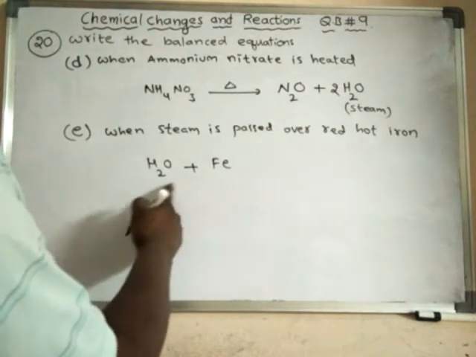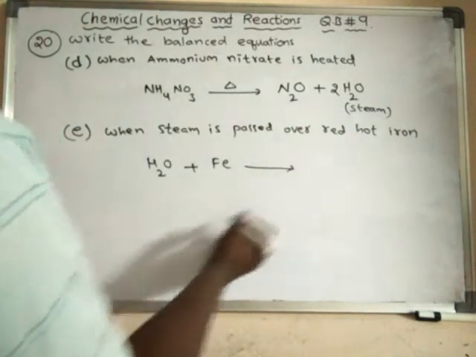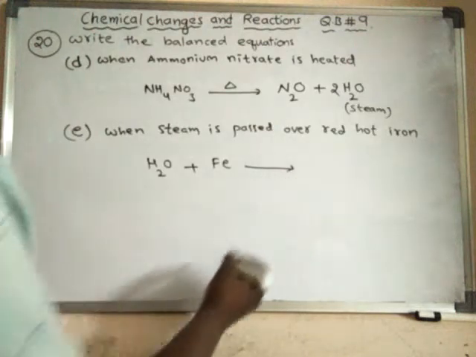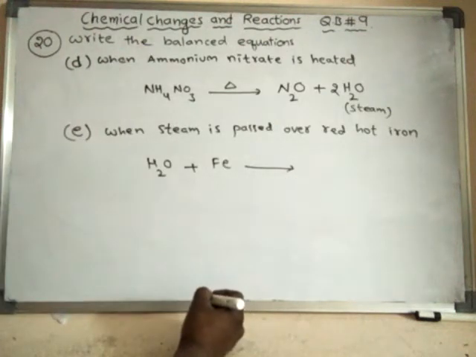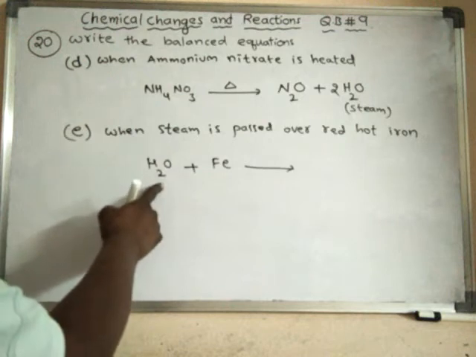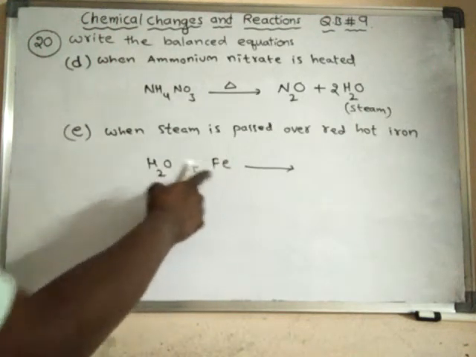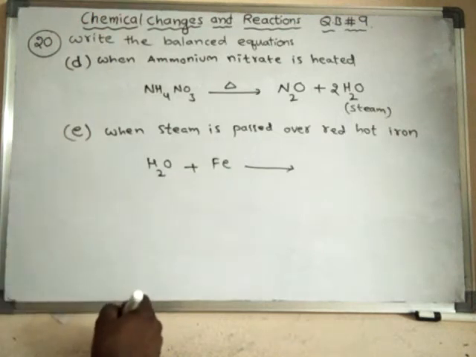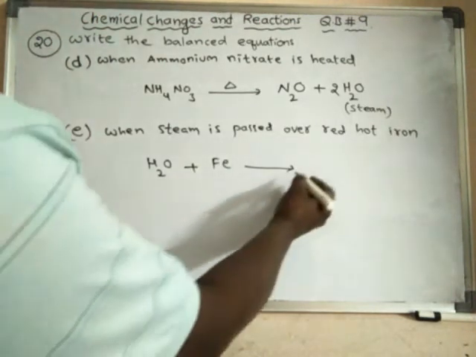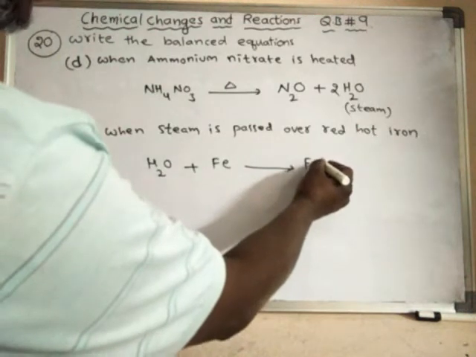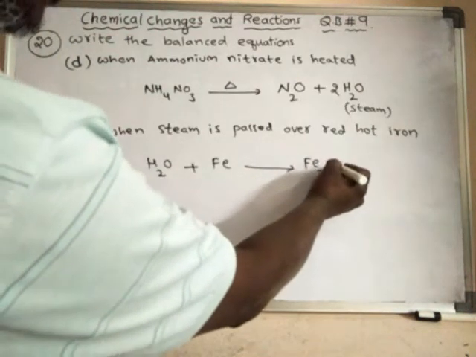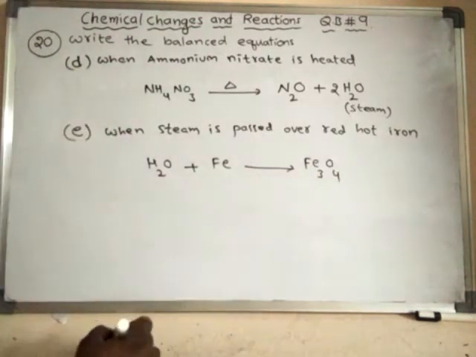Here it is a reversible reaction. It forms a magnetic oxide of iron. Whenever steam is passed over red hot iron, the iron will oxidize into magnetic oxide of iron. What is the formula of magnetic oxide of iron? Fe3O4.